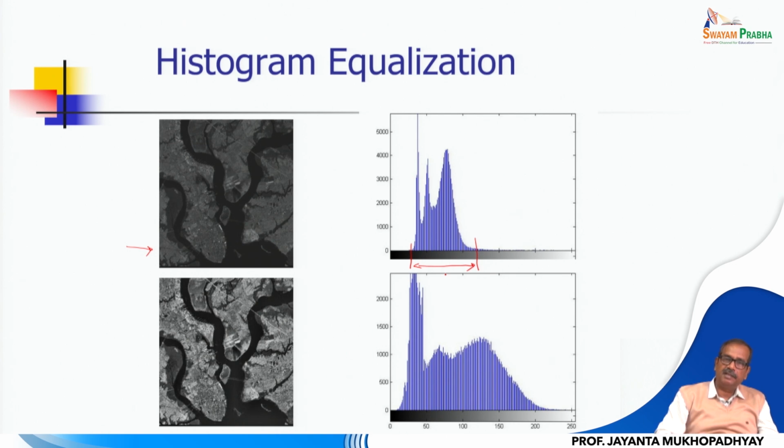But once we apply the histogram equalization operation, the function I just described, that is, take the cumulative probability distribution and use it as the mapping function, and then compute the histogram, you can see how the histogram looks, and the modes are also more distinct in this case, right? So this is one example of histogram equalization.